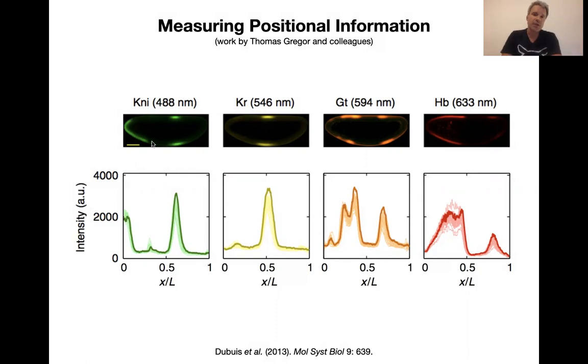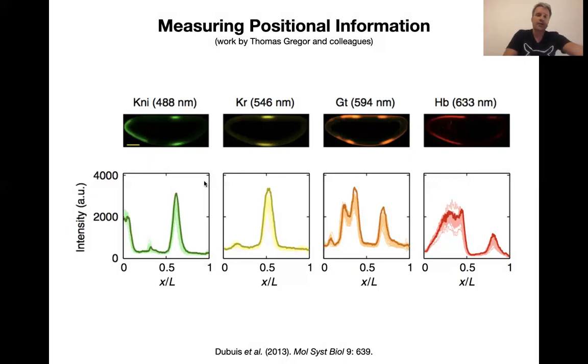You can see the expression patterns of these different gap genes, staggered. They measured not only the concentration, but also the variability of the patterns, and in particular the covariance of the different patterns. So how do they influence each other's expression? They also did the same thing for the maternal gradient.